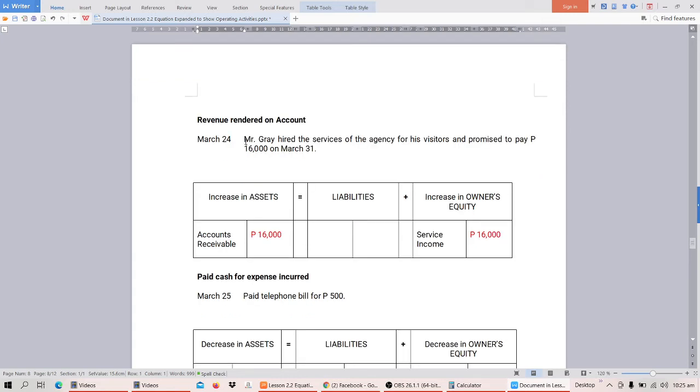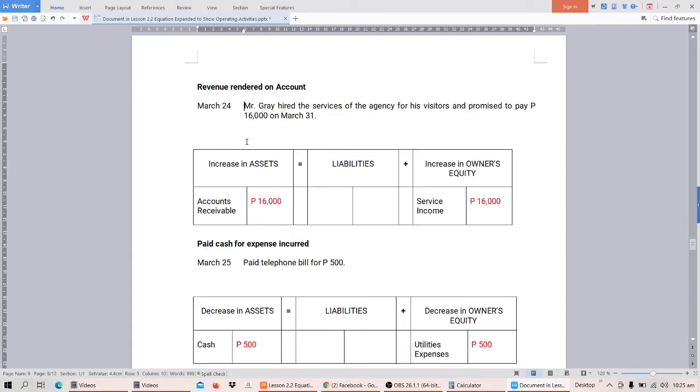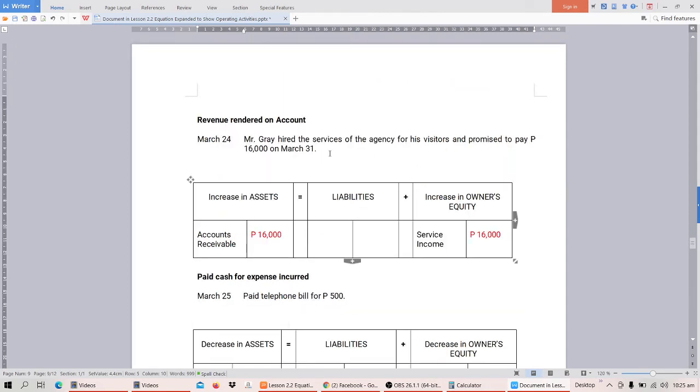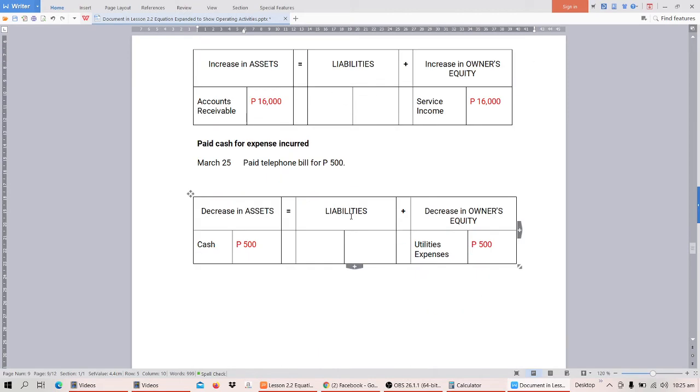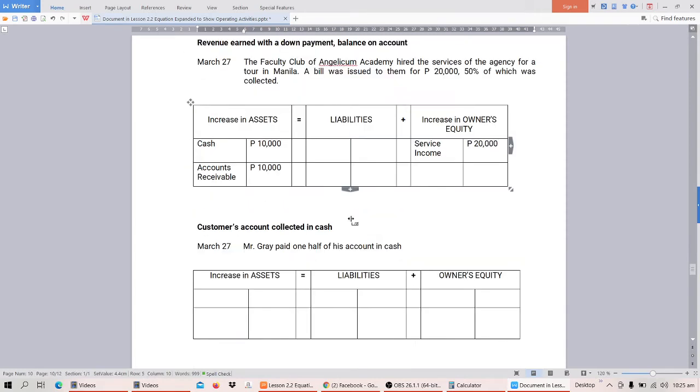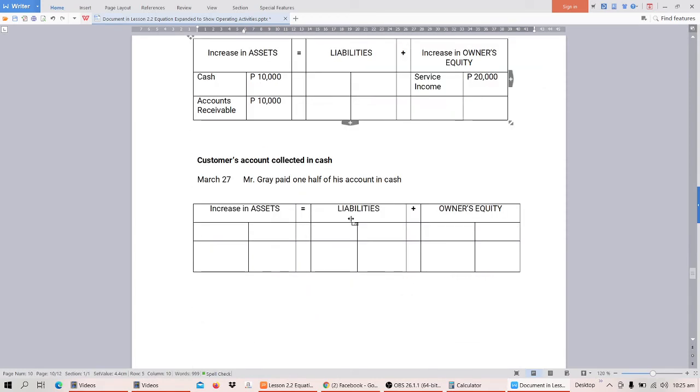Here, instead of March 31, Mr. Gray paid half of it on March 27. So there will be an increase in asset. It would be cash amounting to 8,000 pesos. Your accounts receivable will be deducted since he paid half. So it's no longer the full 16,000.